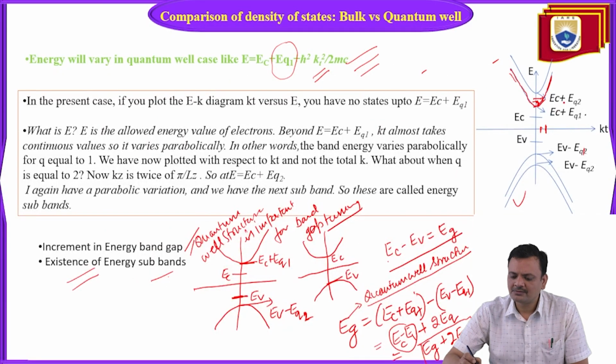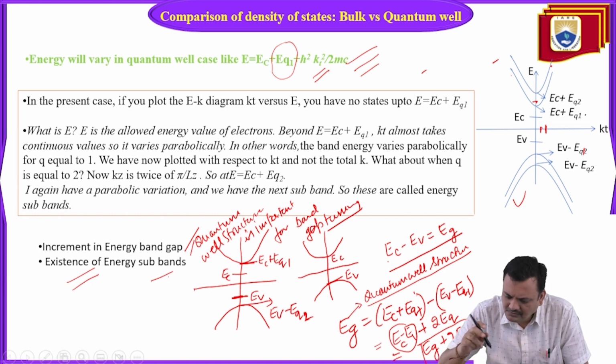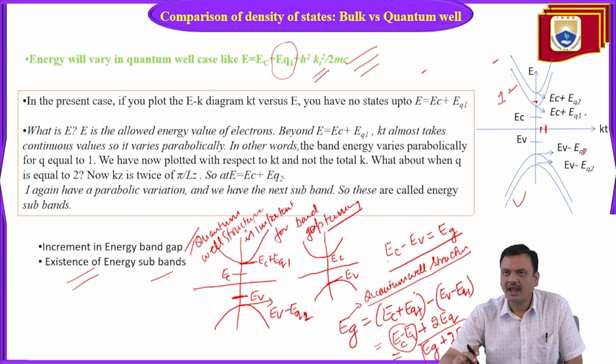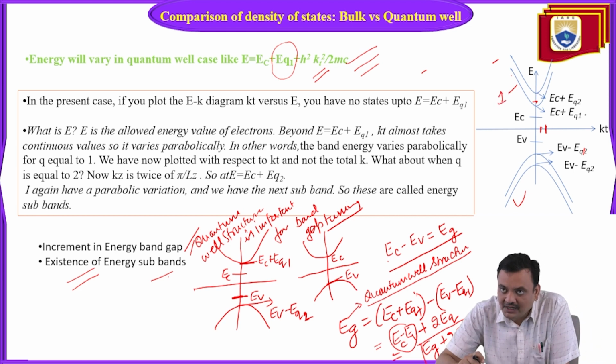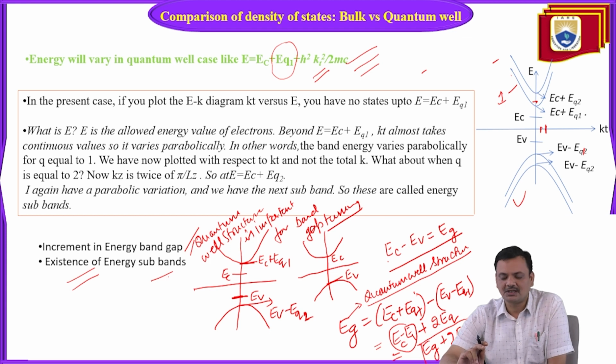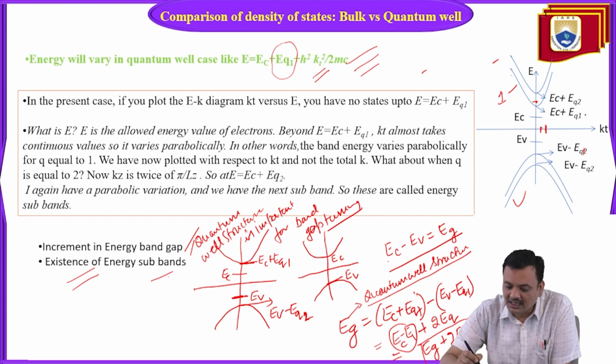So suppose I am considering this first band, and for this first band your density of state will be constant. It will change for the second band.